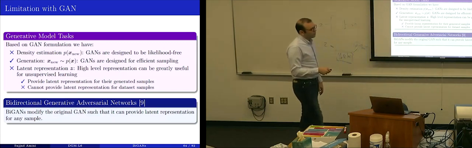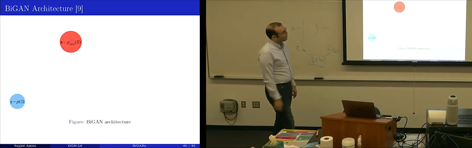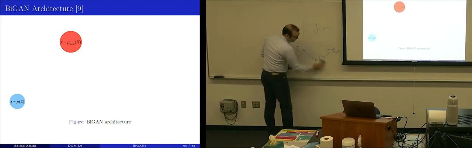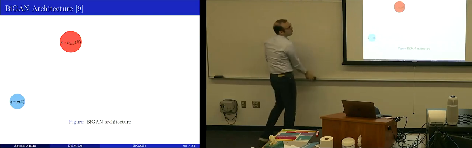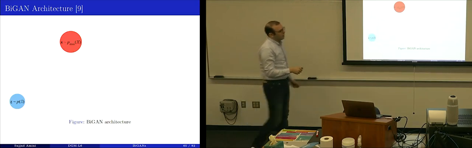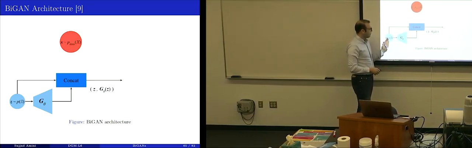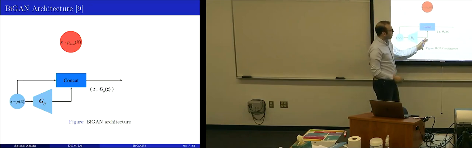Bidirectional GAN is a modification of GAN that can provide a latent representation for any sample. The concept is very simple. Assume you have two sources of generation. One source is your true data distribution, one source is the latent distribution. And you know that if you sample from the latent and pass it through your generator, then you have a sample from the true data distribution after training.